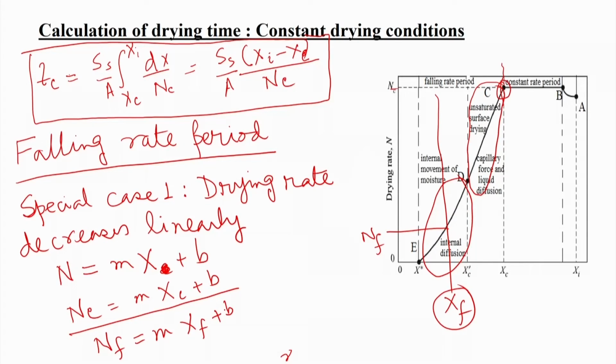and then we can say N_c − N_f = m·X_c − m·X_f (the b cancels).